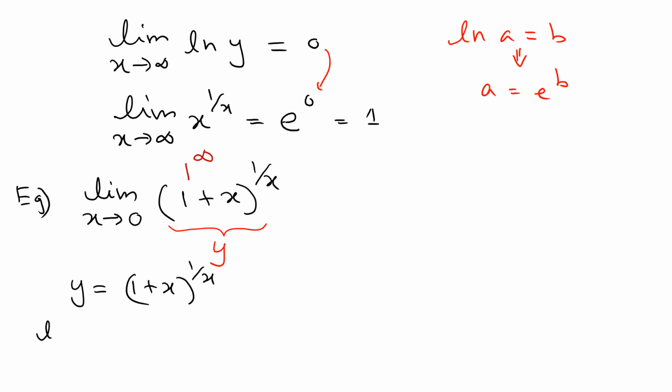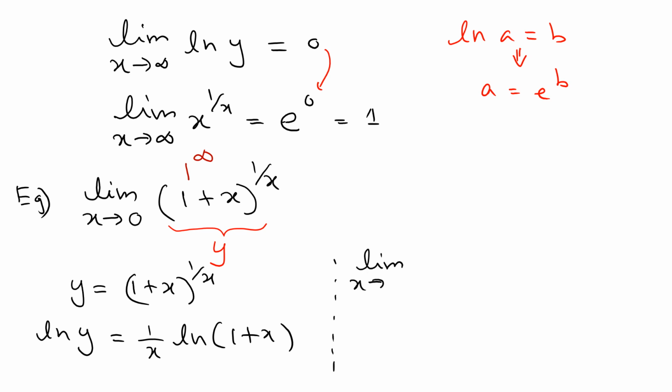So ln y equals, once you take the natural log as before, 1 over x comes out, and this becomes ln of 1 plus x over x.